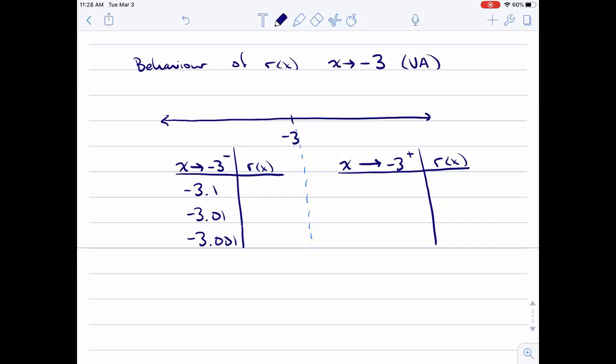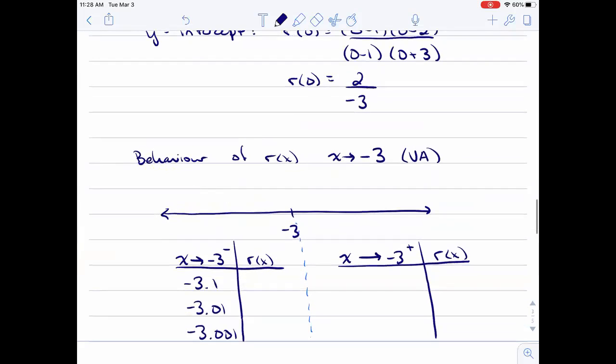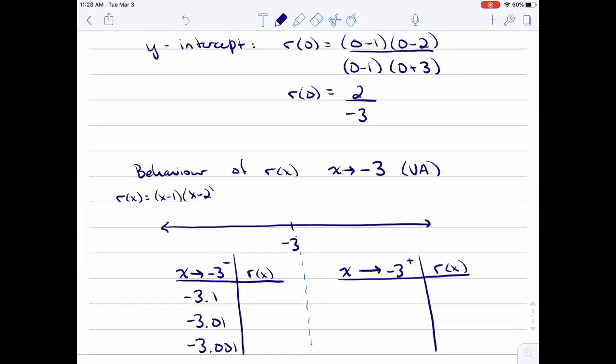So I should copy down what r of x is. R of x is x minus 1 times x minus 2 over x minus 1 times x plus 3.